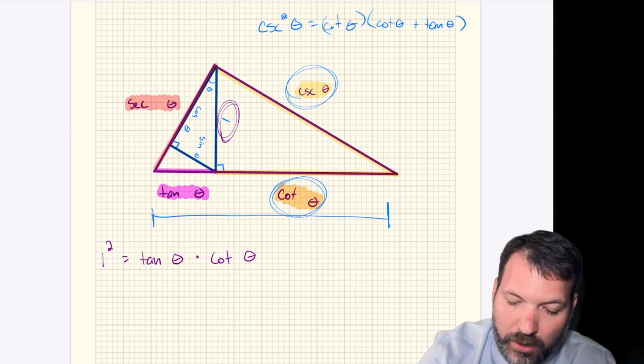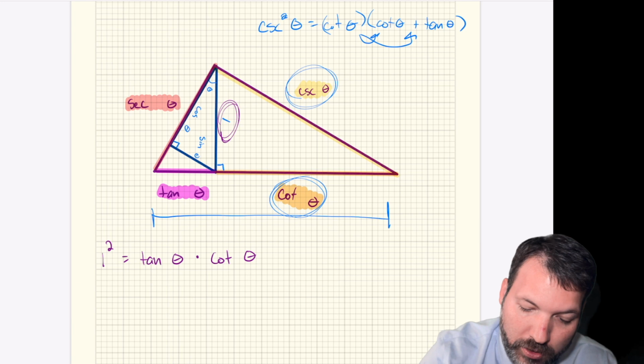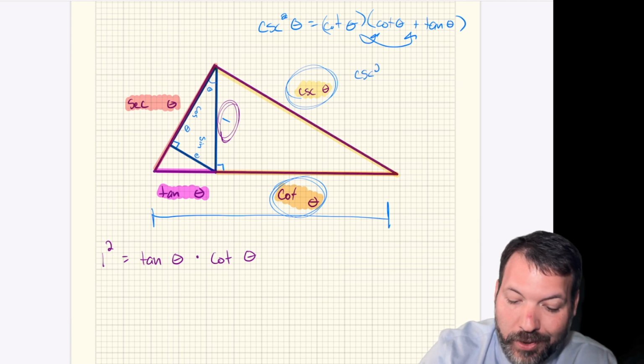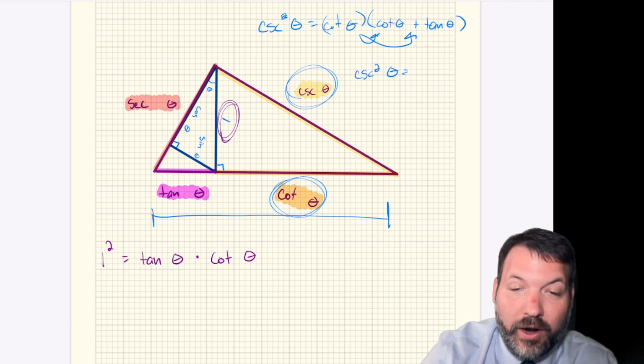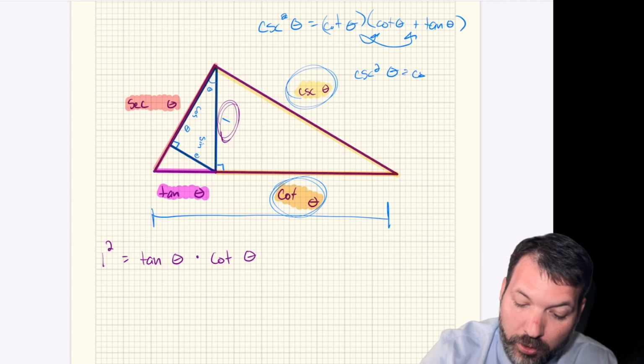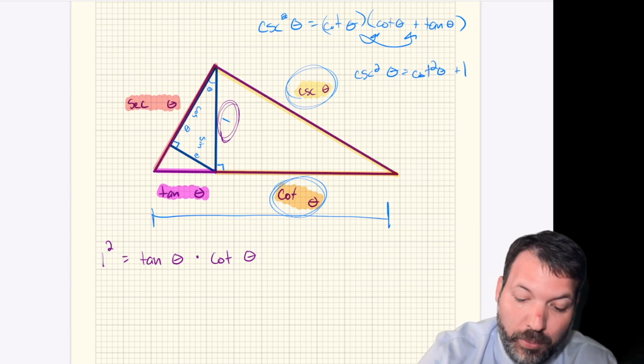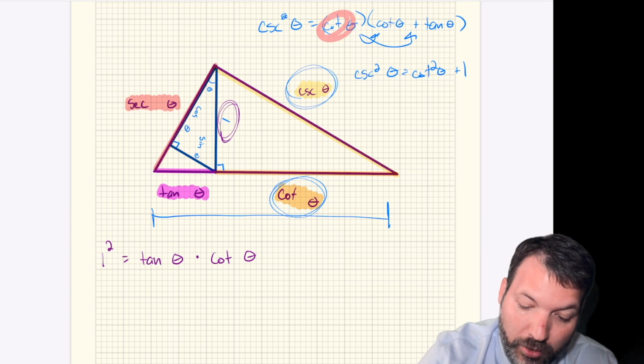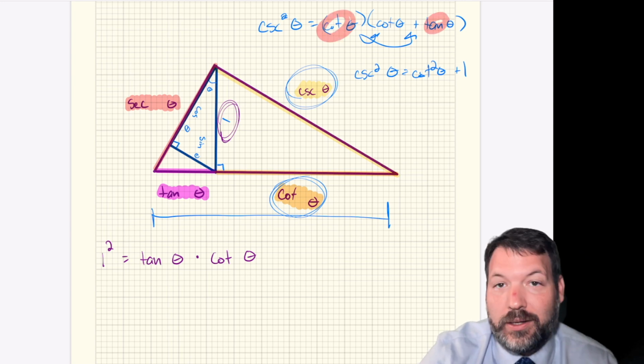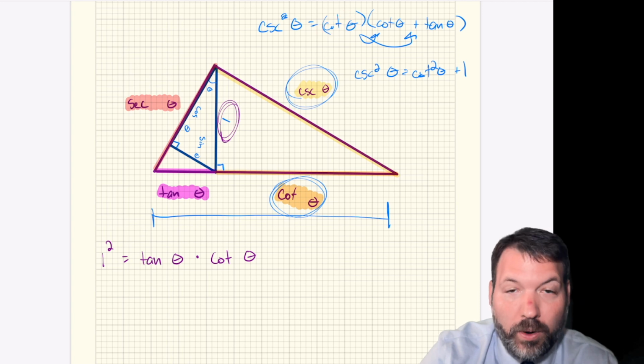Well, that's interesting because if we distribute the cotan theta right now, you'll notice we end up with one of our other Pythagorean identities. Cosecant² theta equals cotangent² theta plus 1. Because again, when we multiply cotangent theta times tangent theta, they're reciprocals. They're going to give us back 1.